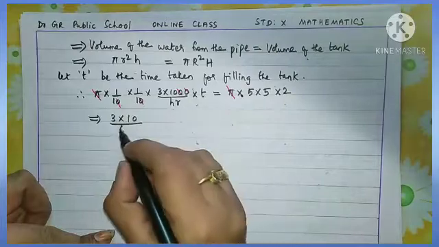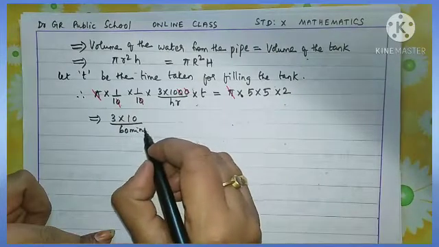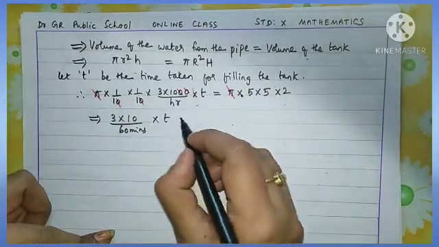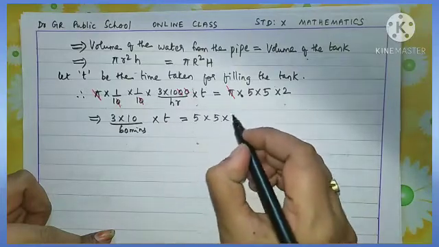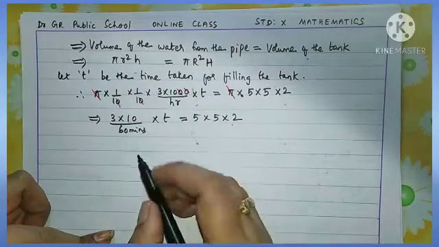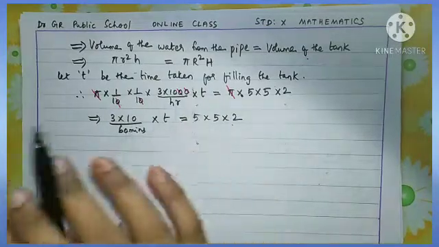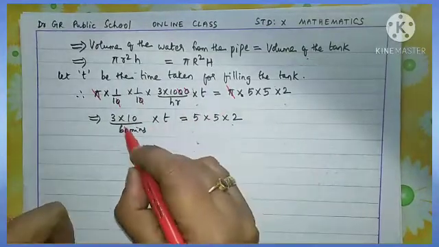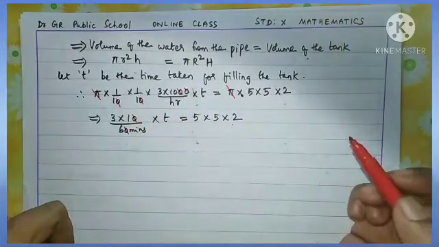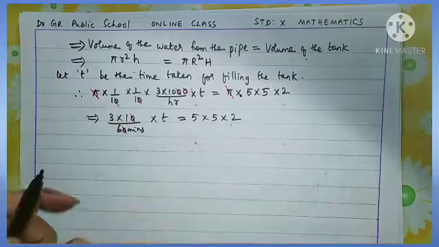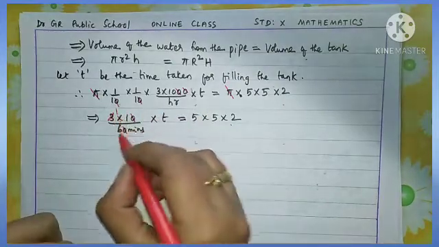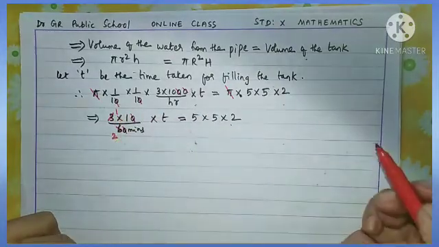By this, 1 hour I am converting to 60 minutes, into the total time, equal to 5 into 5 into 2. Now in this 60 and 10 also I can cancel a 0. Here you can cancel this, 1 3 is 3, 2 3s are 6.